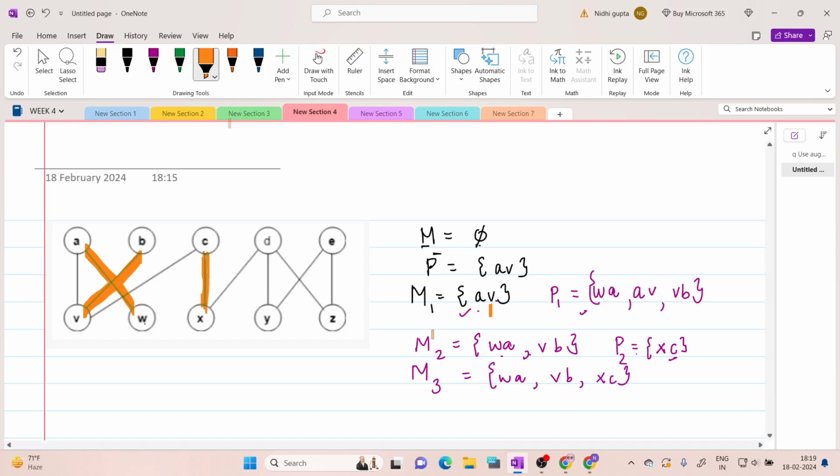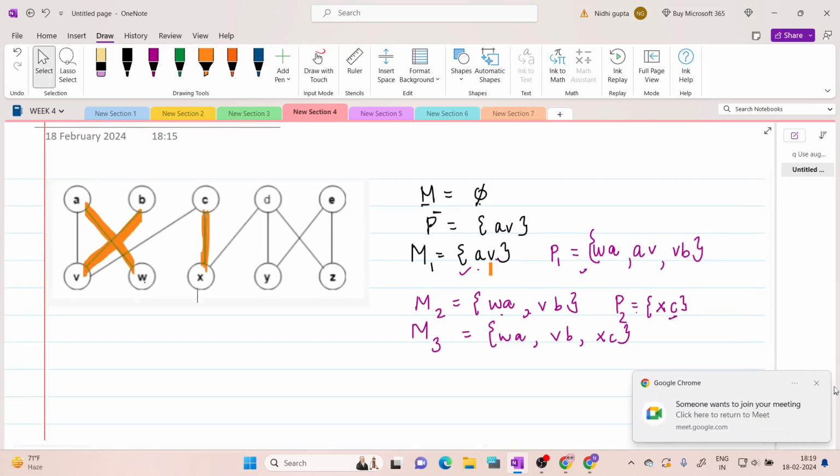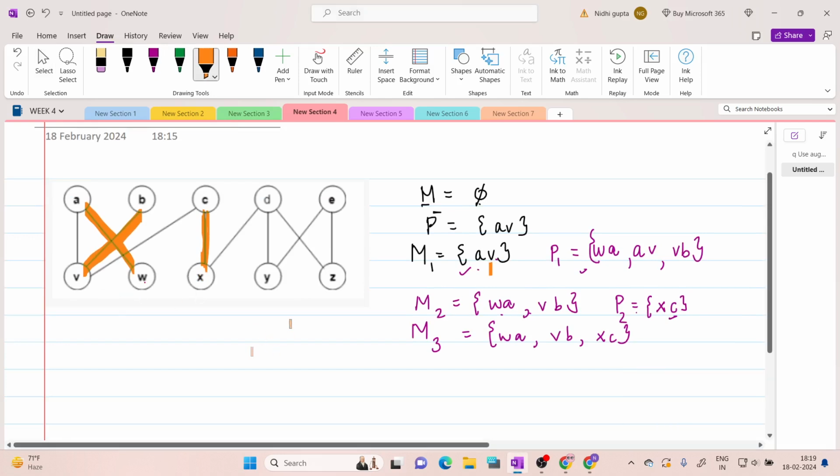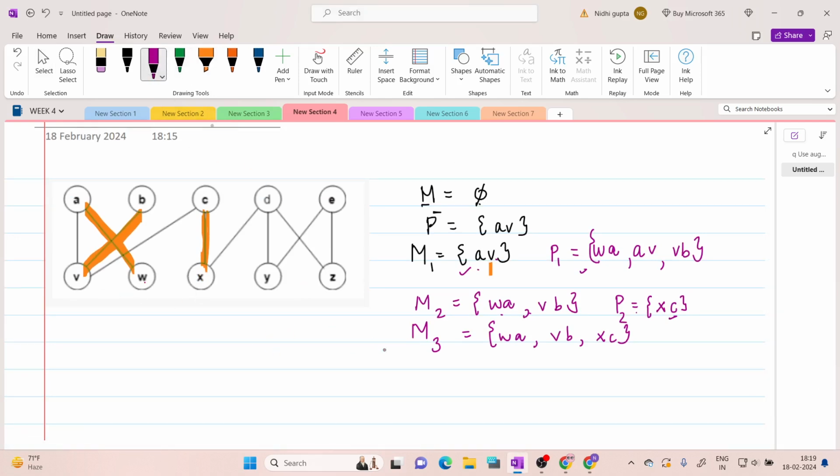Do we have an augmenting path with respect to this matching? Can anybody give an augmenting path? DX, XC, CV. Is this an augmenting path? No, it's not.